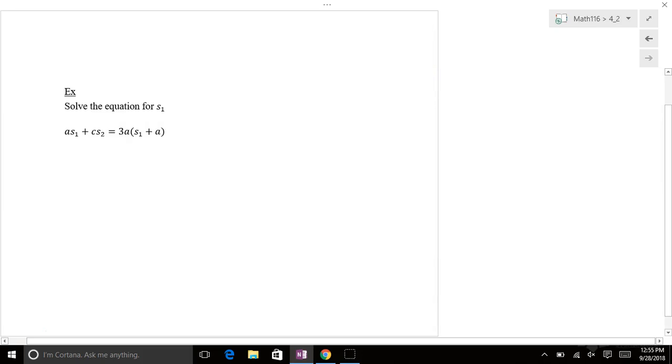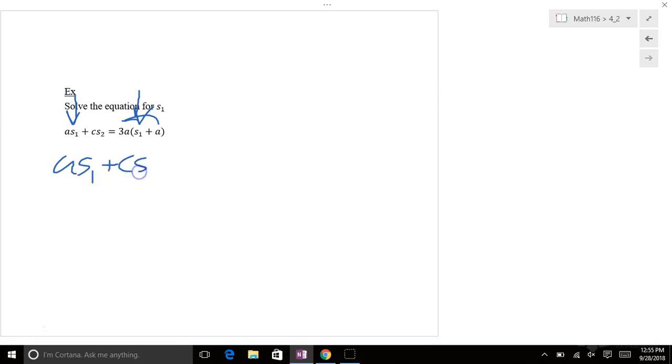Now here we're going to solve for S1. Notice there are two S1s, one here and one there. Let's distribute that and collect all your S1s on one side when you're solving. So 3AS1 plus 3A squared. Again, get all your S1s on one side. So we have 3AS1, and I'm going to subtract the AS1 from that side.